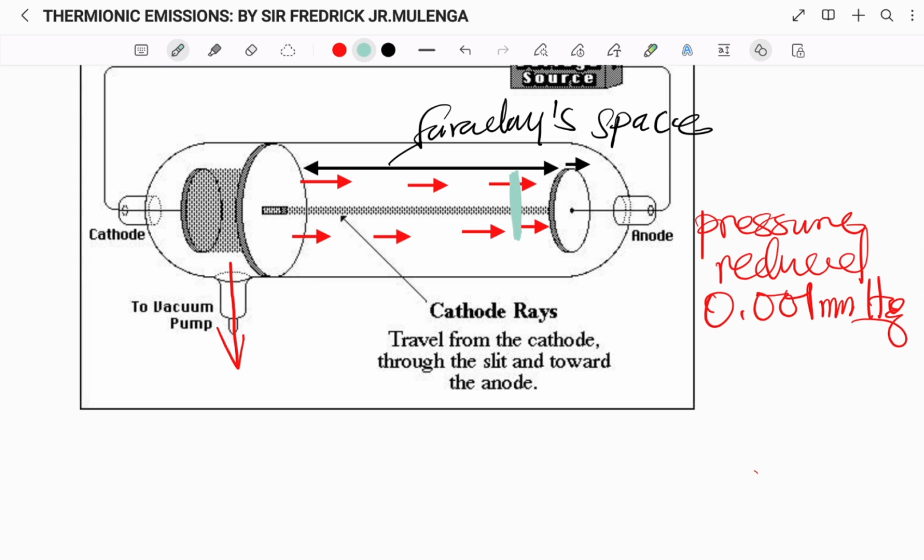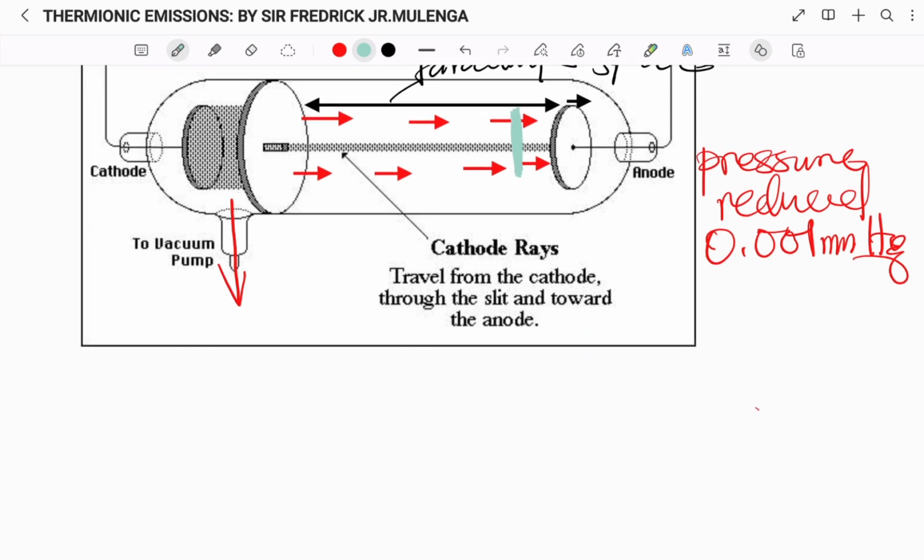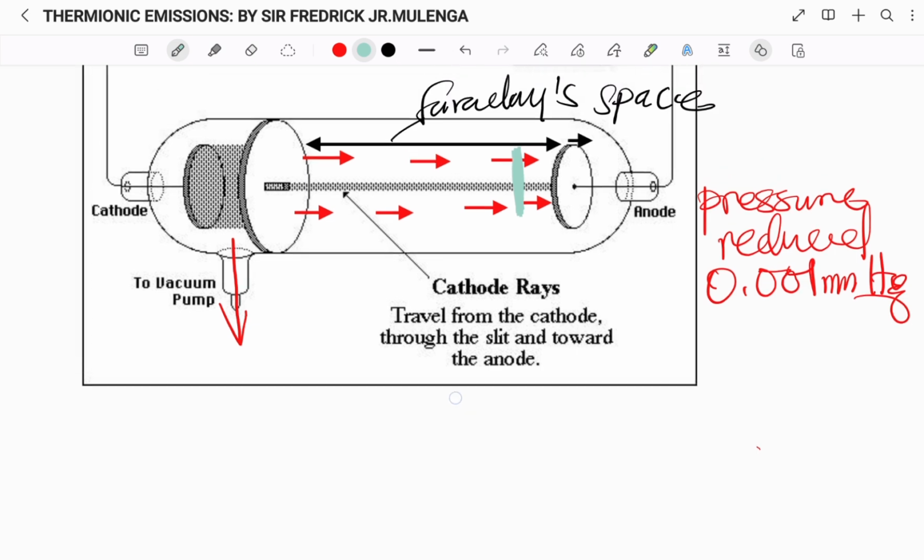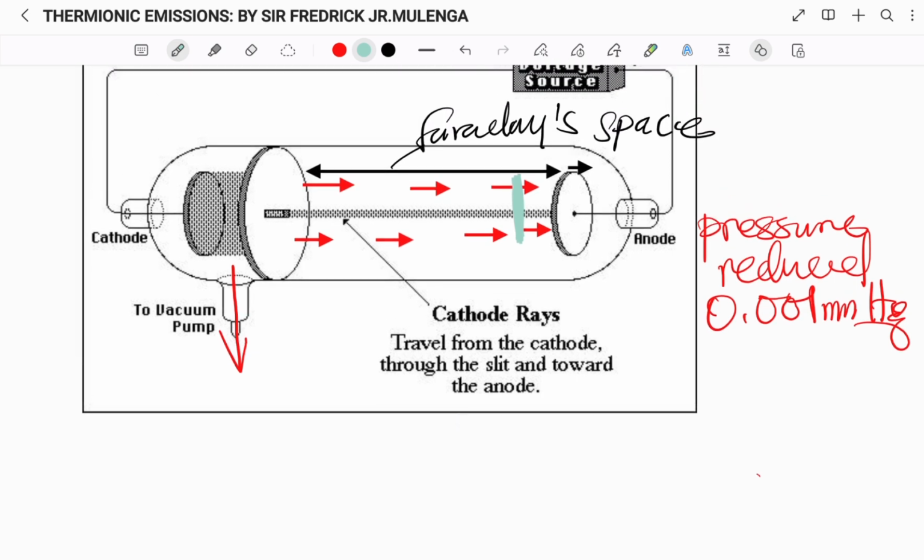So they travel in a straight line. So the first property is that cathode rays travel in a straight line and they are perpendicular to the surface of the cathode. In what sense? If this is our cathode, they form 90 degrees. So they are always perpendicular to the surface of the cathode, moving in a straight line.